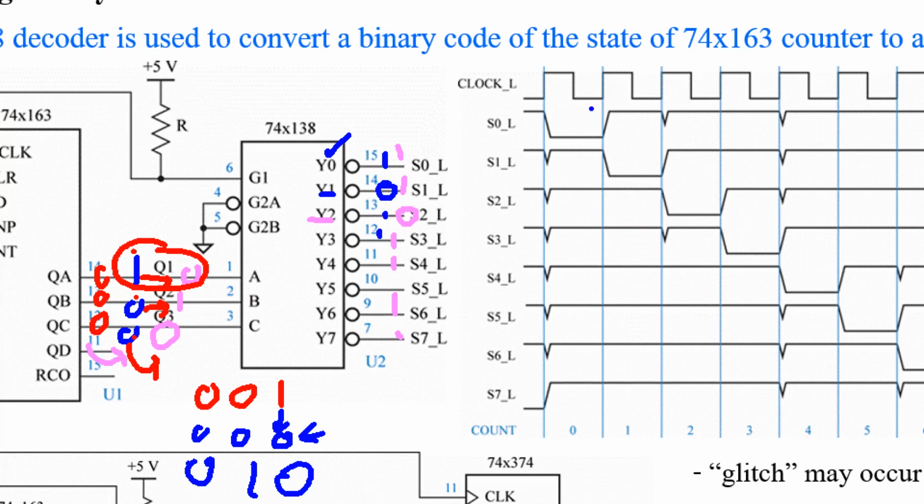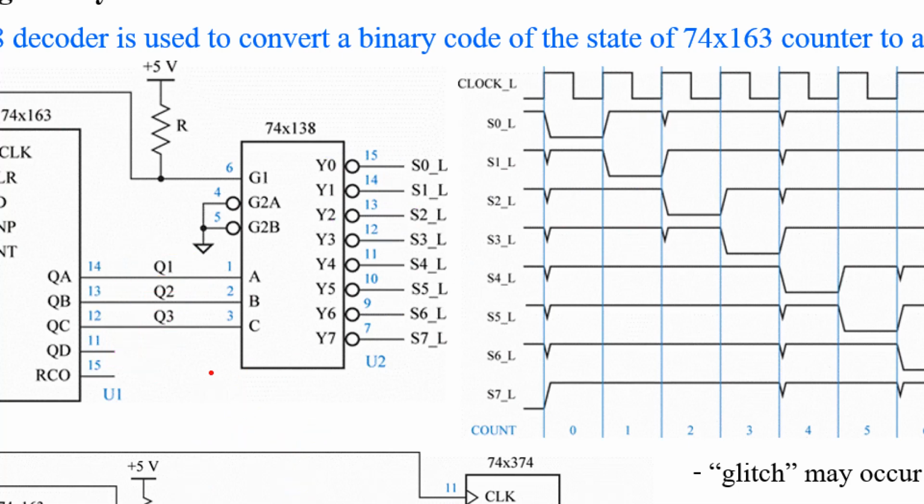So for example, state 1 changes to state 2, so it makes Y2 active.